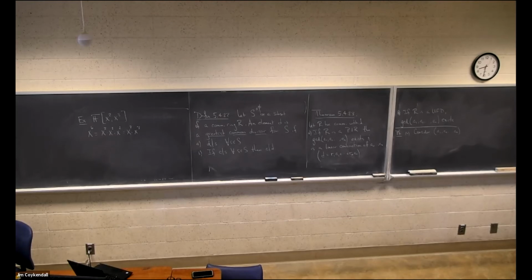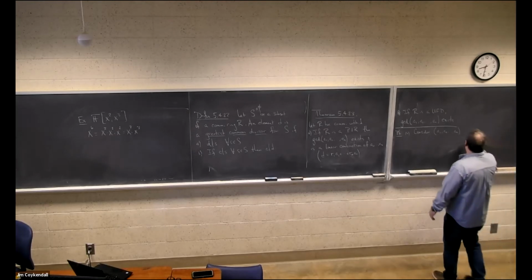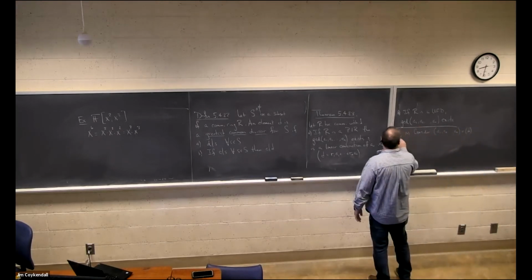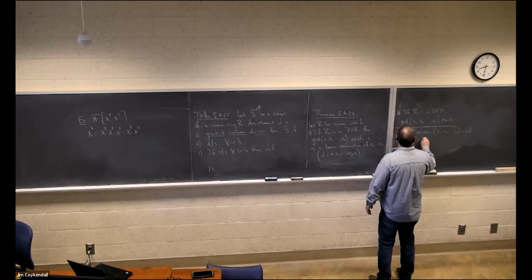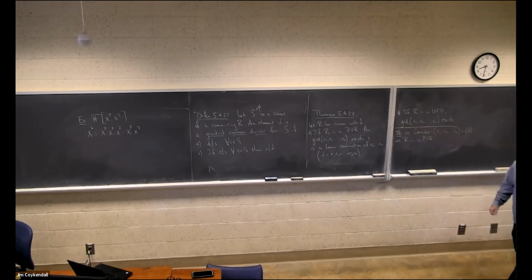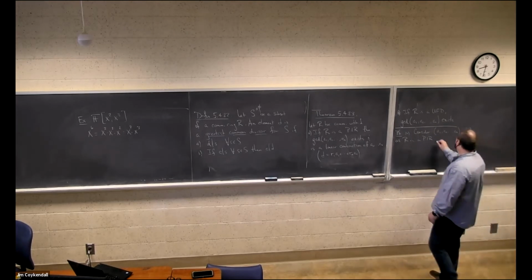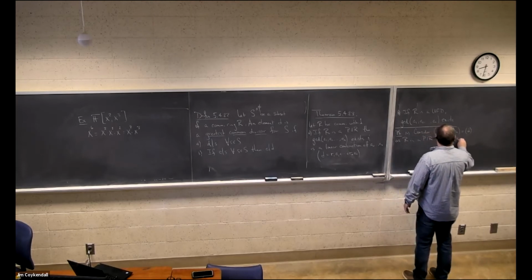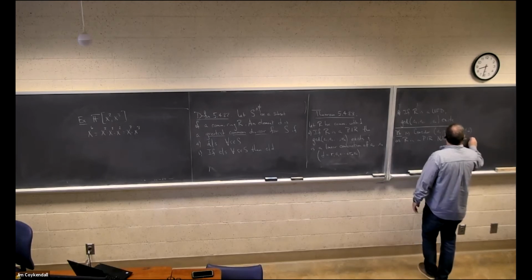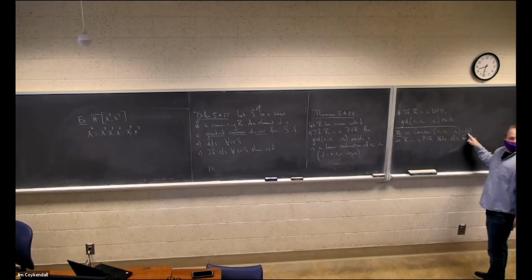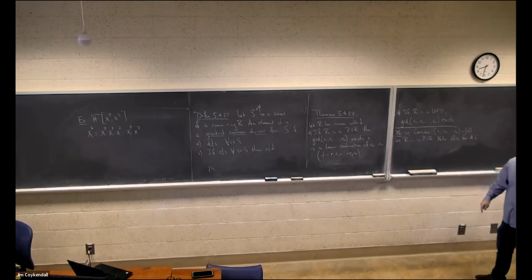That's an ideal, and since R is a PID, it is a principal ideal generated by D. Note that D divides Ai for all i, because each of these Ai is in the ideal generated by D. So D divides it.